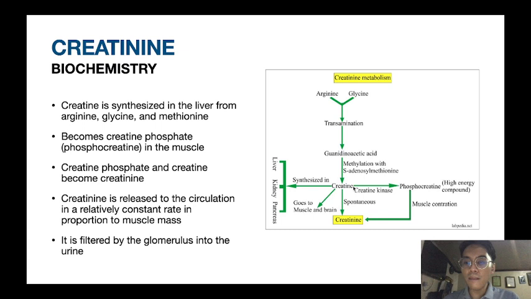Then, it will become creatine phosphate, which is a high energy compound. So yun yung ginagamit ng ating muscles kasi it is a source of energy. Creatine will become creatine phosphate or phosphocreatine using creatine kinase as an enzyme. Okay, so creatine will become creatine phosphate or phosphocreatine with the help of creatine kinase.